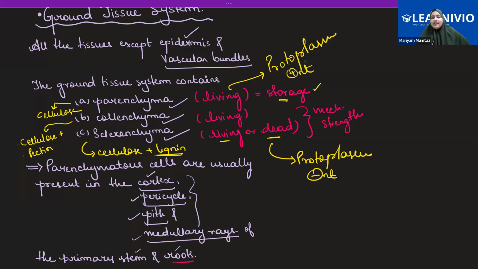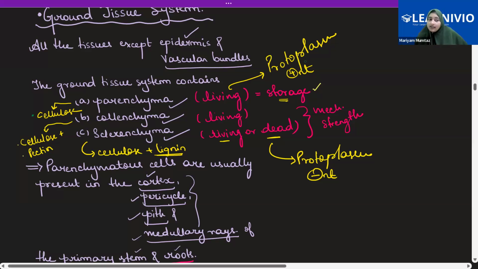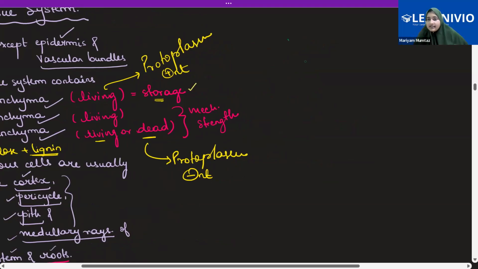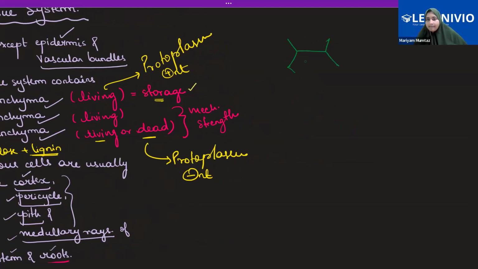Now see, the parenchyma is made up of cellulose. The collenchyma is made up of cellulose, plus it has pectin. So for example, if this is a cell of the plant, when we are locating the collenchyma, the collenchyma is going to have irregular thickenings like this.